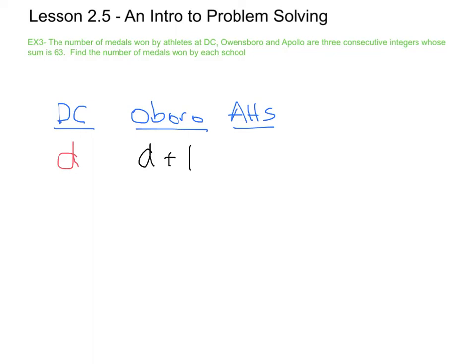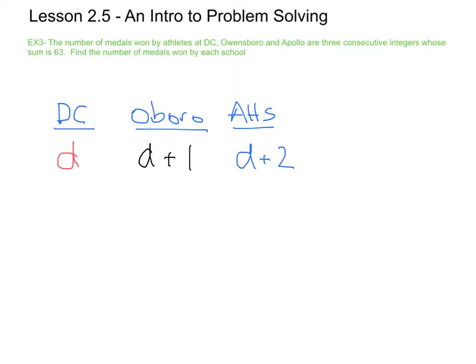Again, we don't know how many Apollo won, but since they're consecutive, that means they're right in a row. So if Davis County won D and Owensboro won D plus 1, then that means that Apollo won D plus 2. It means we won 2 more than DC and we won 1 more than Owensboro.